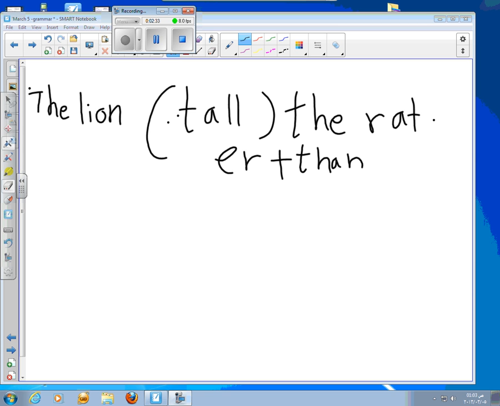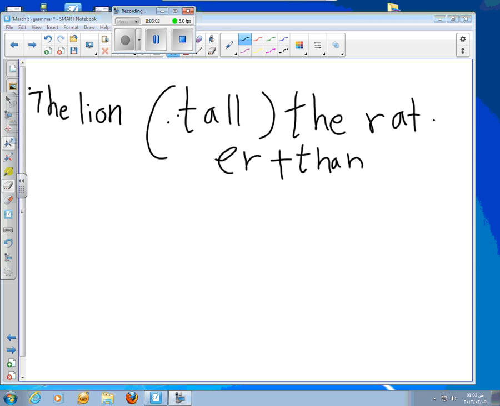When I'm comparing between two, either two people, two women, two desks, two animals, two things, any two, using any adjective, one is not like the other, I'll add er plus than to the adjective. Okay?